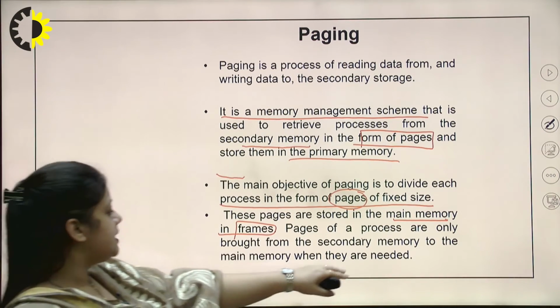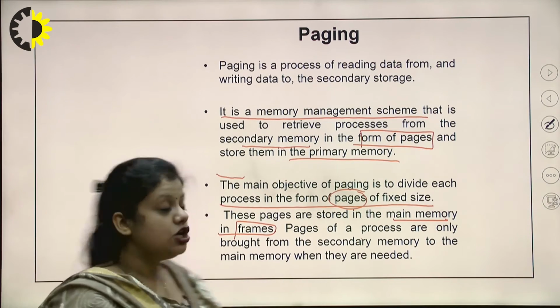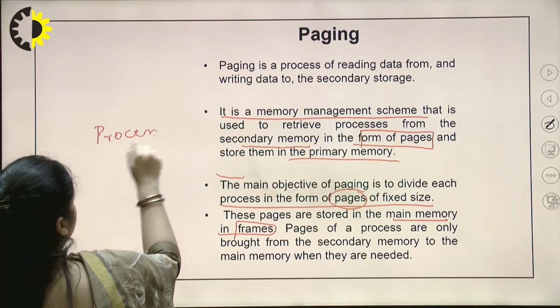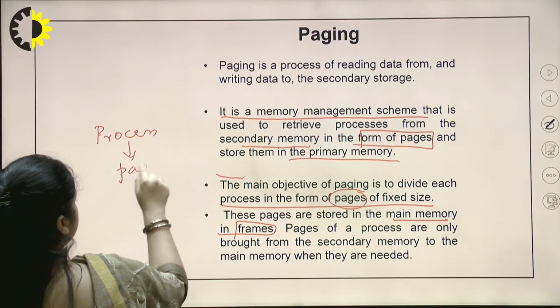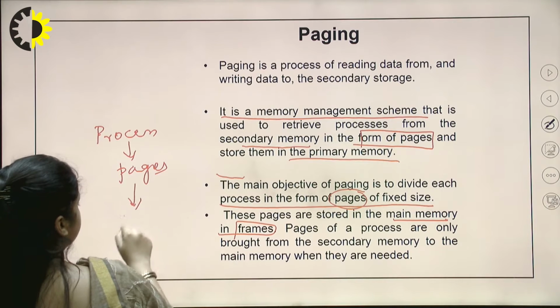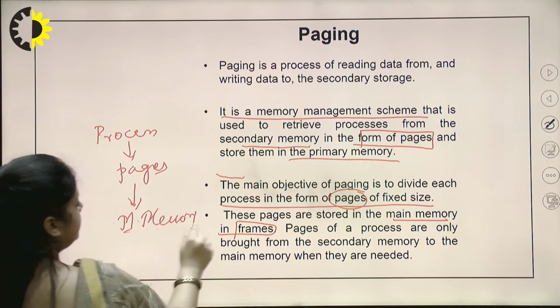Pages of the process are only brought from the secondary memory to the main memory when they are needed, and they are stored in the frames.